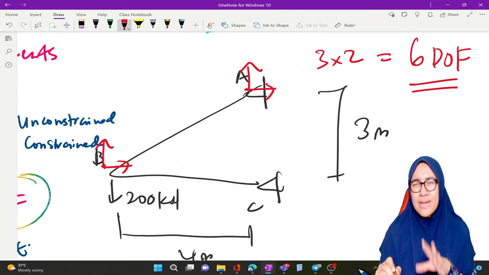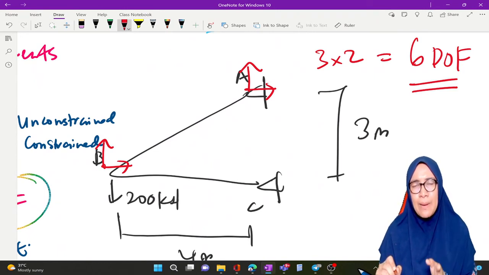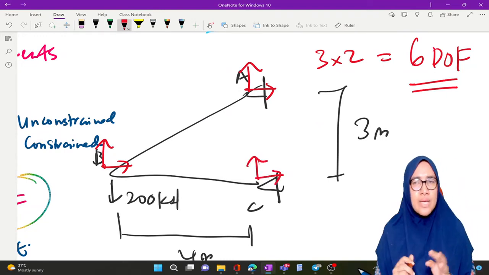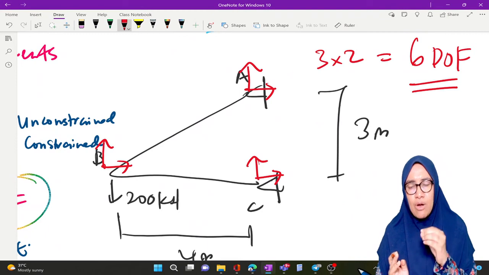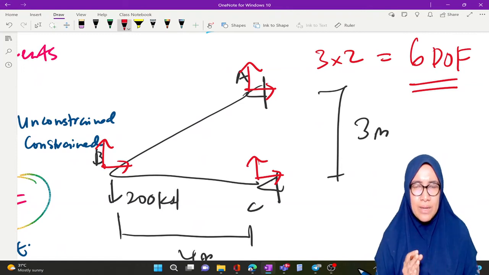We must follow this direction; we cannot change the direction. And this 2 is the degree of freedom at C. So in total, there are 6 degrees of freedom.